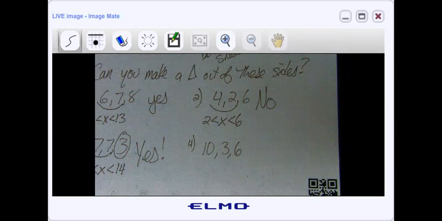Be careful. Okay, Olivia, what do you say on this one? Can you make a triangle out of 10, 3, and 6?